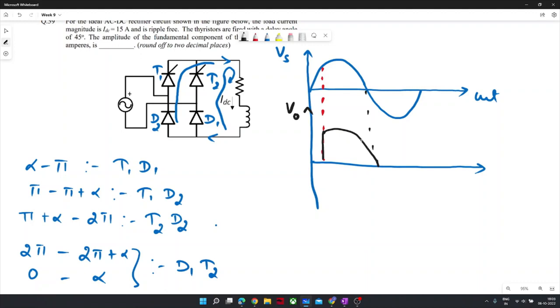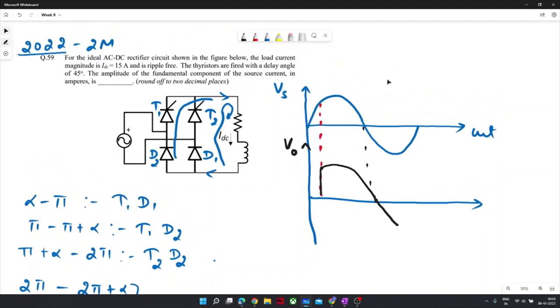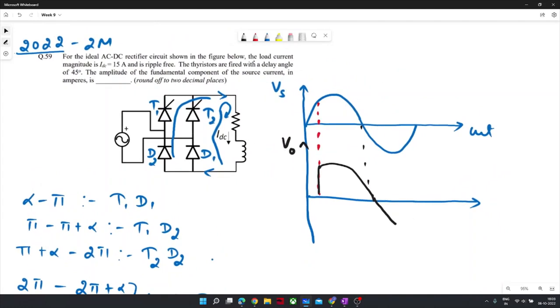Had it been a controlled full bridge rectifier, with all the devices being thyristors, this could have gone to the negative axis to satisfy the criteria. What is the criteria here? The load current is constant, or ripple free, that is 15 ampere and ripple free. It means the current is continuous, and to maintain that current, the devices would conduct continuously.